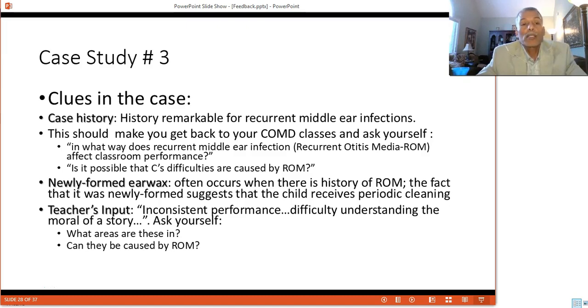The earwax, cerumen, is newly formed. What does that tell you? The longer earwax stays in the ear canal, the darker it becomes and the harder it becomes. And for this reason, when someone has newly formed earwax, the question that comes up is, does she have a history of that? And if she does, most likely she will be having it cleared monthly or periodically.